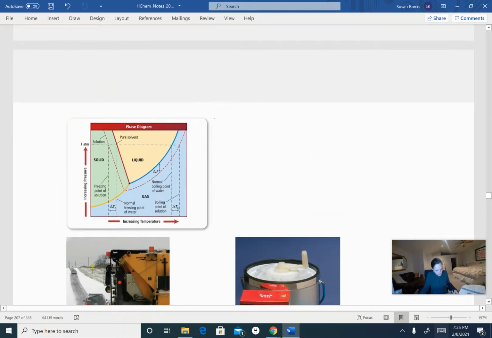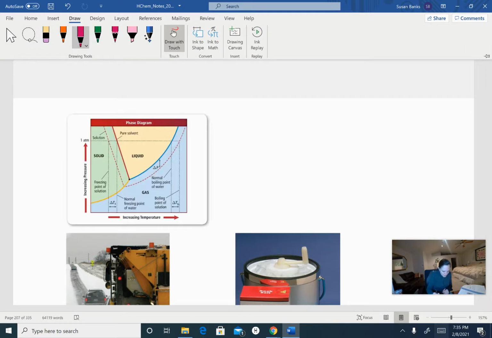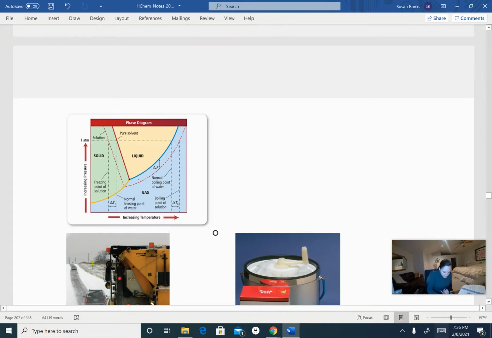Actually, let's talk a little bit about how this changes the phase diagram. So notice if we raise the boiling point because of this, on our phase diagram we are going to have a much greater area in the liquid state, because we will change that pressure and we will be able to create much more area for the liquid state that goes both into the solid area and into the gas area.